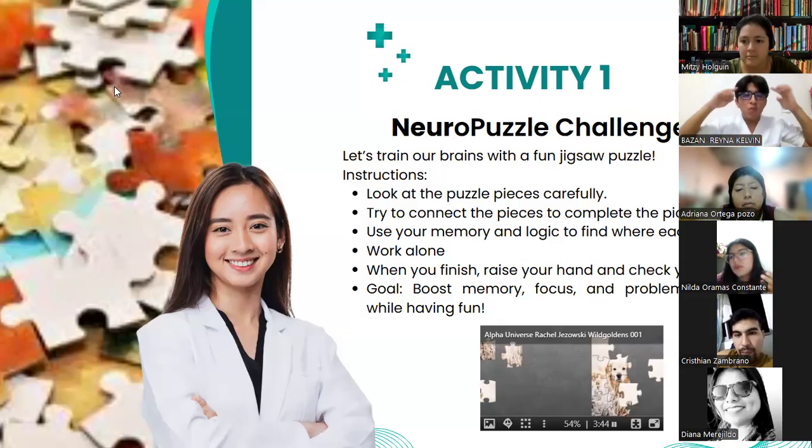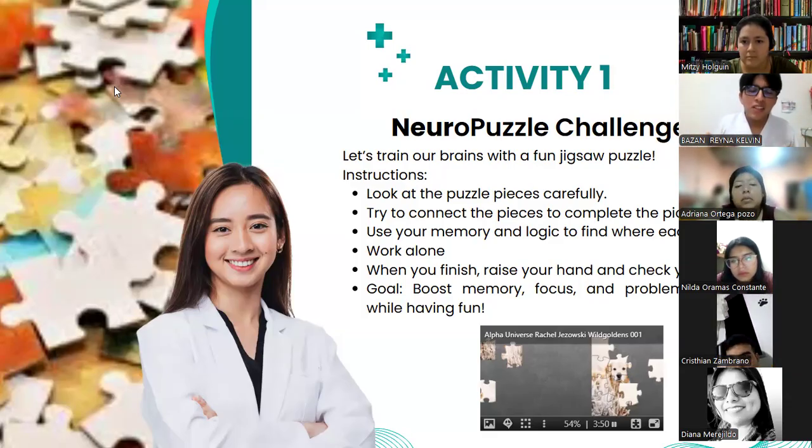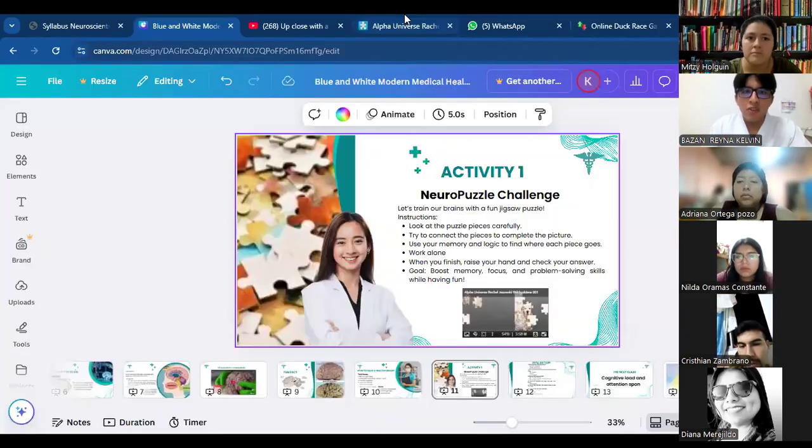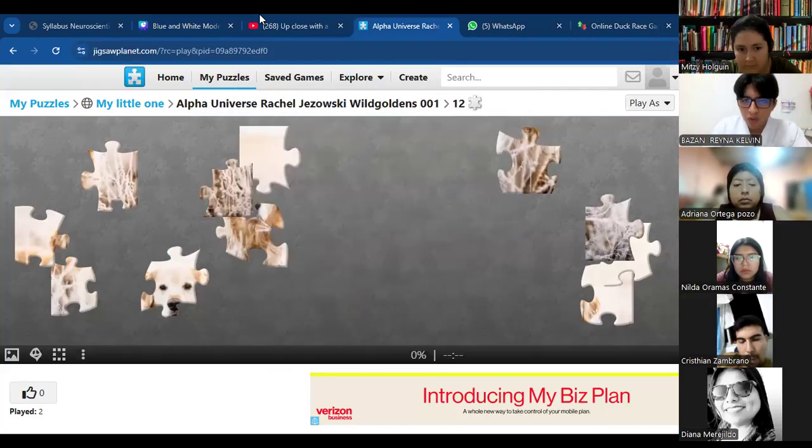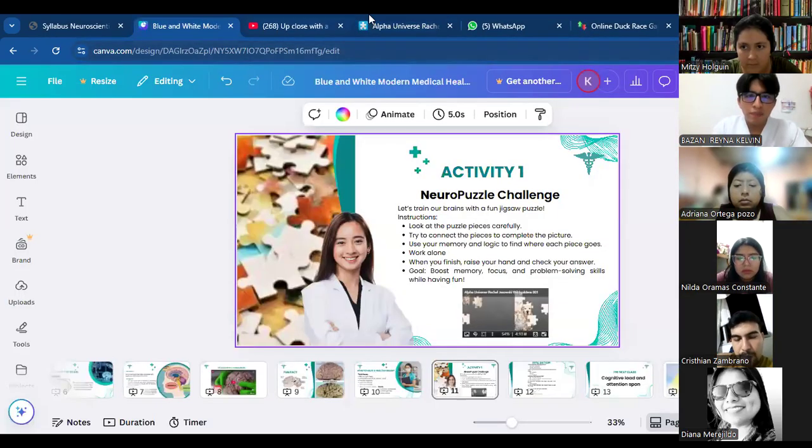The goal is to boost your memory, focus, and problem solving, and each part of your brain is going to work out today. Okay, guys, I will send you the link again for this online meeting. I know you have the link now, and I hope you can work quickly because we are running out of time.